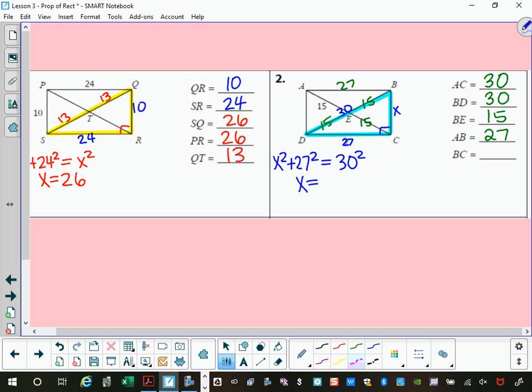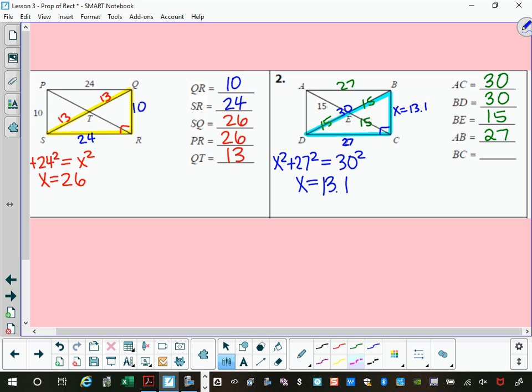Get a calculator. Or do you have Desmos on your phone? Use it. The more you can practice this, the better. It should be 13 point something. Oh, 13.1. You guys all get 13.1 if you round to the nearest tenth? Okay, so that means that X here is 13.1.